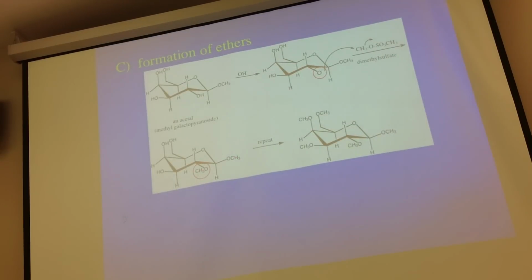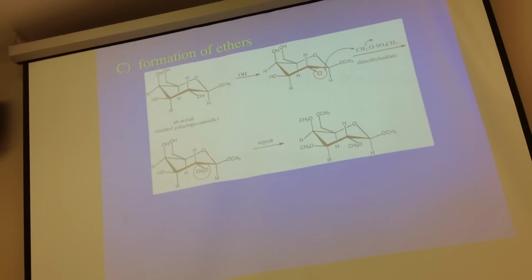But they're different. This one here, at the anomeric carbon, is part of an acetal. So this link right here that I'm circling, that is an acetal. This thing is a plain, boring, run-of-the-mill ether. Okay, super unreactive. It's just an ether.